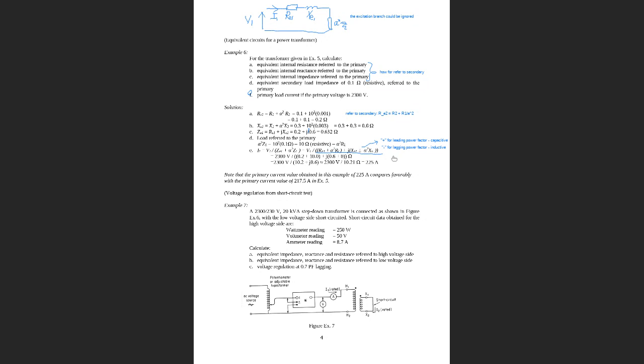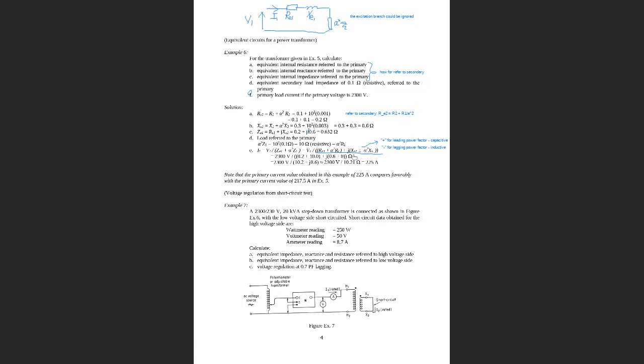Okay, so look at here. Generally speaking, the input current is the voltage over the total impedance. Here, the impedance includes both the transformer's own impedance and the loading impedance at the secondary. Practically, you have the resistance and the reactance. For the loading parts, the load has different power factors.